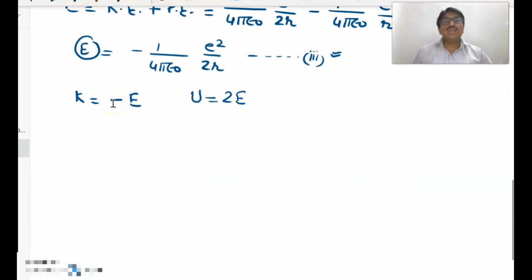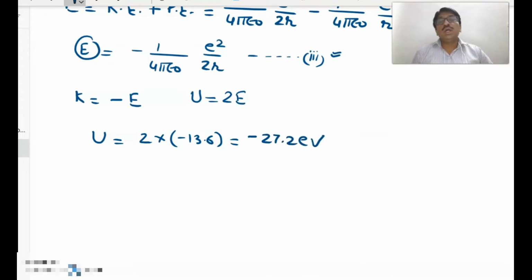We have total energy -13.6 electron volt. So potential energy should be equal to twice of -13.6, that is equal to -27.2 electron volt, and kinetic energy should be equal to +13.6 electron volt.